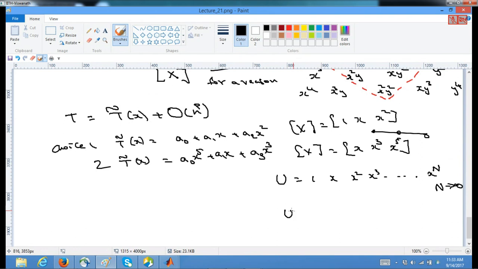From the universal set, you remove the approximation basis x and then check the least power of the difference set. That will be the power p. The p is the least power of the difference between U minus X. In this case, p is 3, whereas in the other case, p is equal to 0.